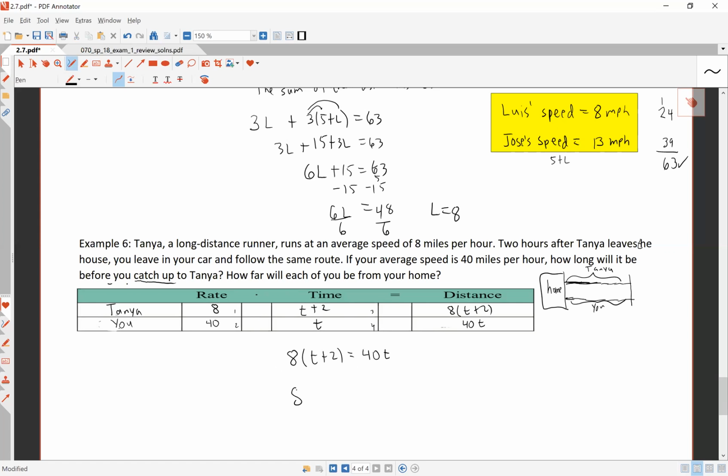All right, so we solve that by distributing the 8 across. 8 times t plus 8 times 2 is 16 equals 40t. And we'll subtract 8t from both sides.